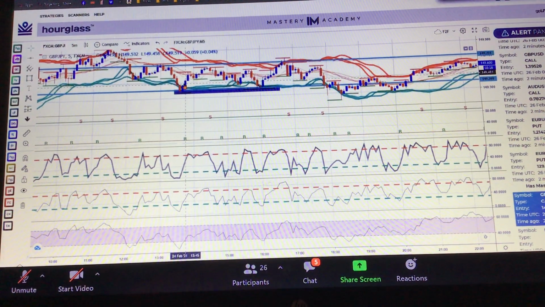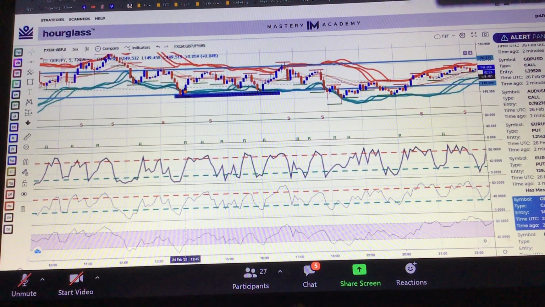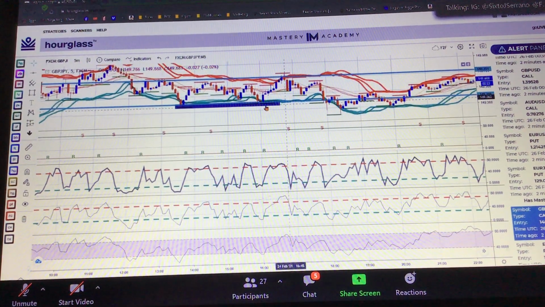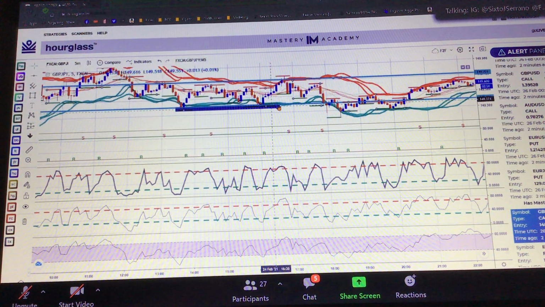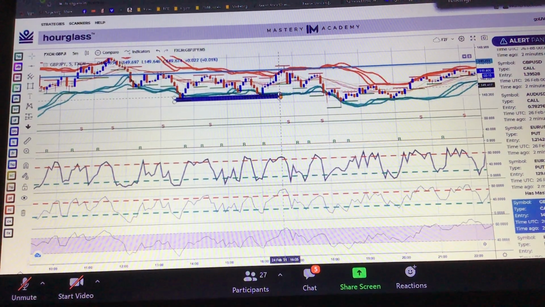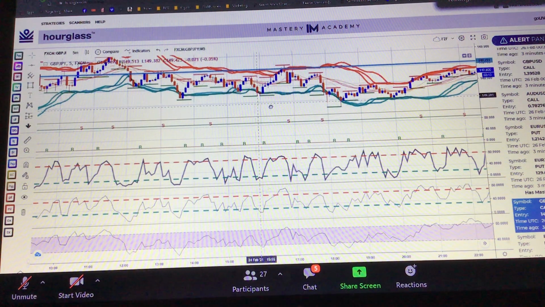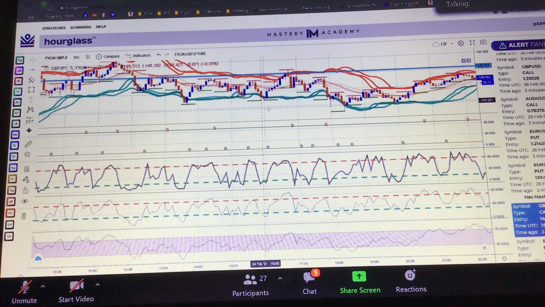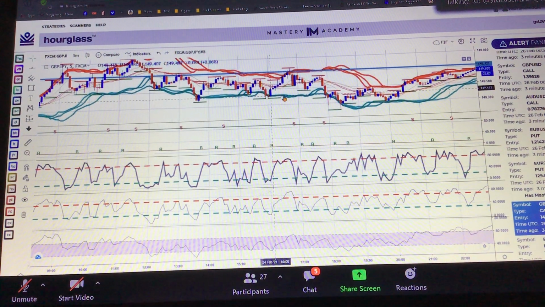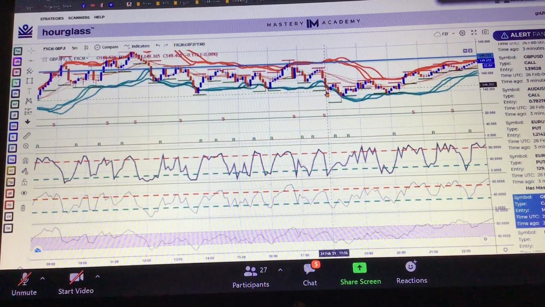One of the setups that I like here is, you probably can't see the wicks. Hold on, let me get rid of that.